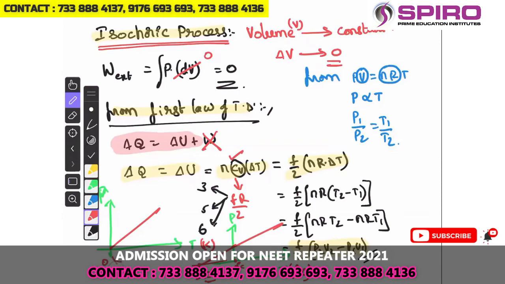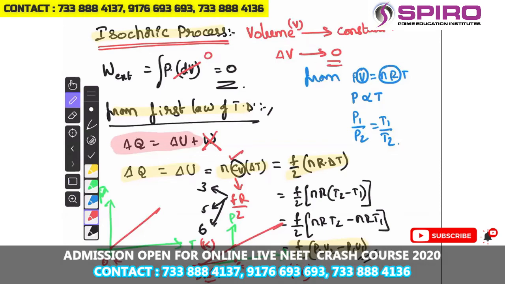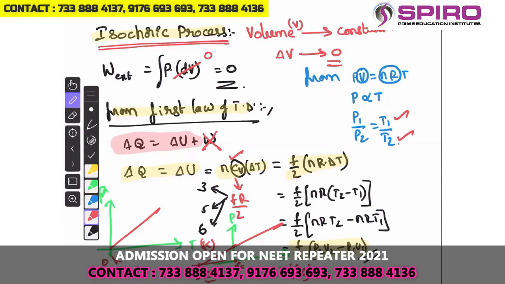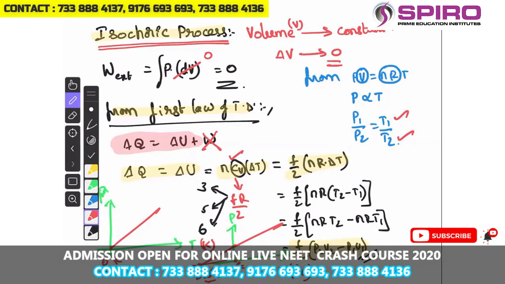So usually in all these formulas, we take the temperature only in the Kelvin scale, not in degree centigrade. If a problem gives it in degree centigrade, you have to convert it into Kelvin by adding 273, and Kelvin values should be substituted in the equations for further simplification.